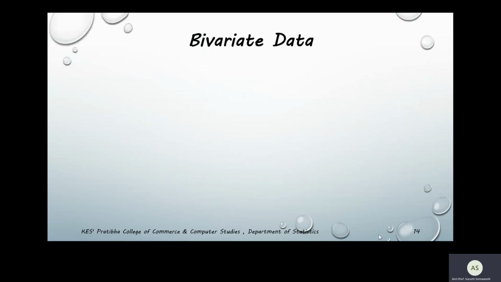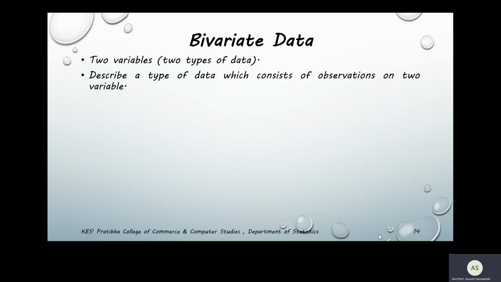The another term is bivariate data. As univariate data is bifurcated in uni plus variate, similarly bivariate data is bifurcated as bi plus variate. Again here variate means variable and bi means two. Thus the data consisting of observations of variables on two sets is called bivariate data.